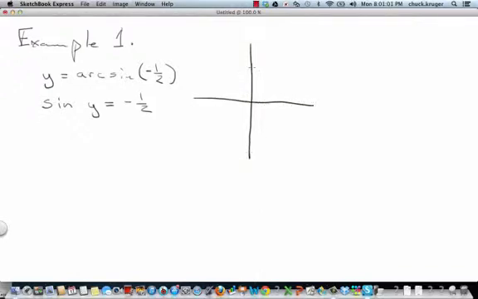If I take a look, I'm going to have a portion of the unit circle. The portion I'm going to show is from this point right here, 0, 1, to 0, negative 1, which means I've gone from pi over 2 radians to negative pi over 2 radians.